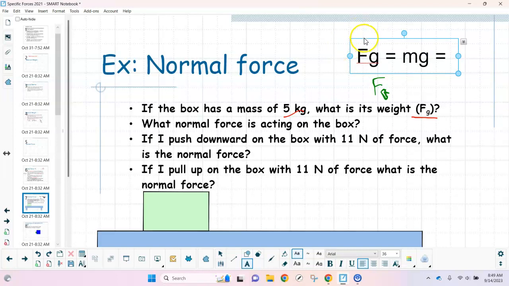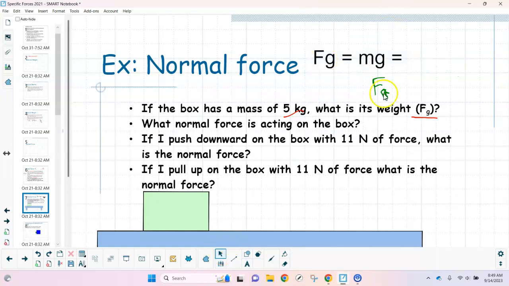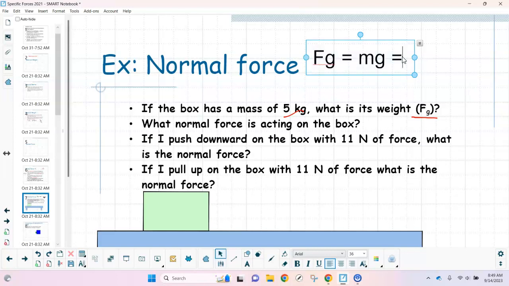Let me move this so I don't run out of space. There we go. So m is 5 according to this problem. It's not writing. Try again. There we go. Okay.